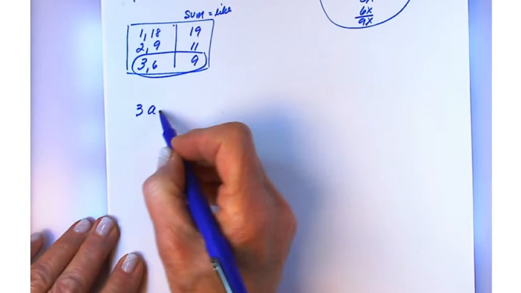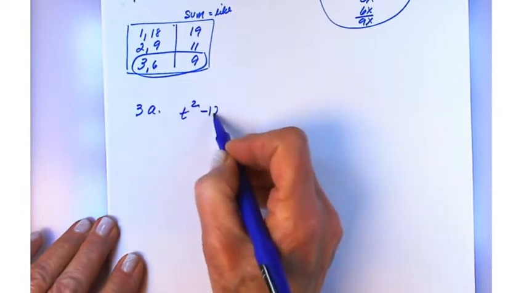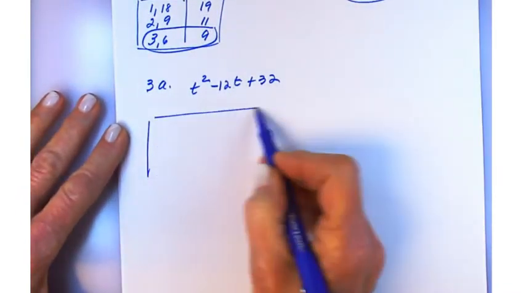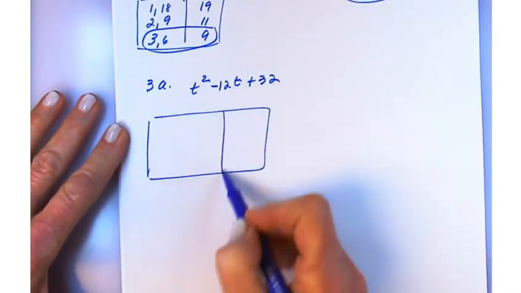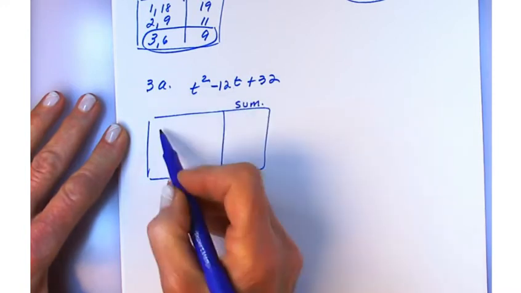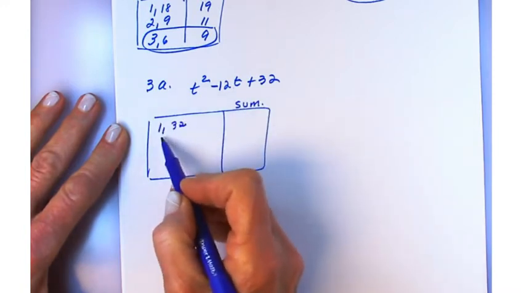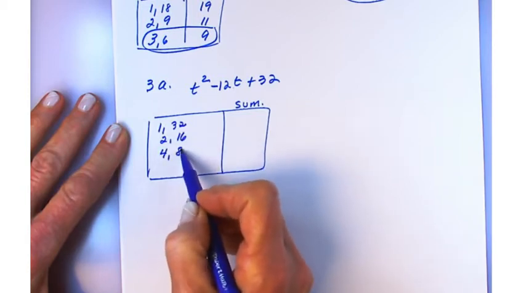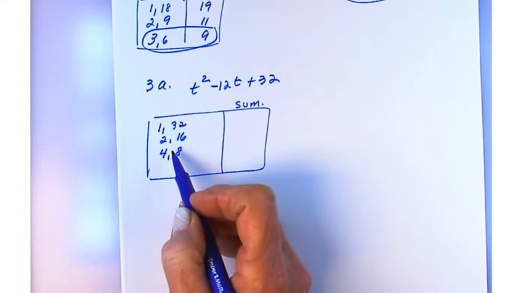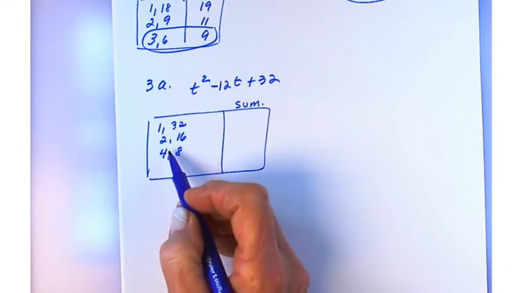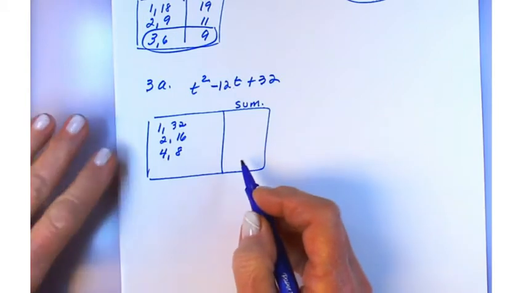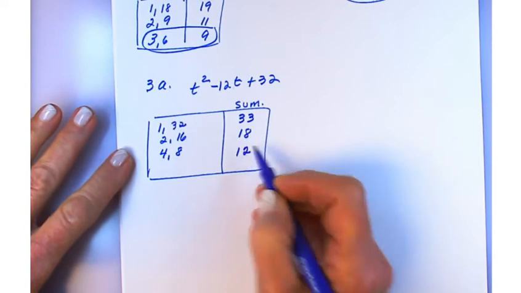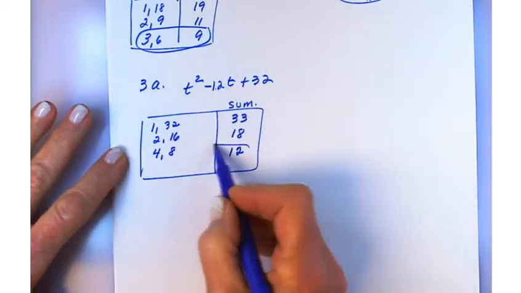3a, t squared minus 12t plus 32. So maybe you like that. Now, looks like this. This is the sum. I would go 1 and 32, 2 and 16, 4 and 8. And that is it. So I would have 33, 18, and 12. I need a 12. Okay?